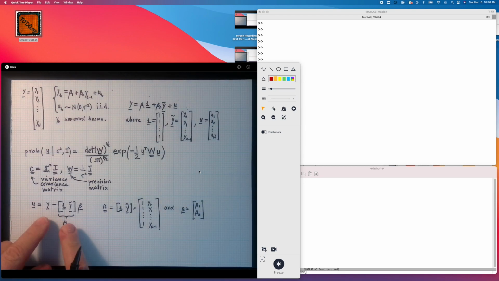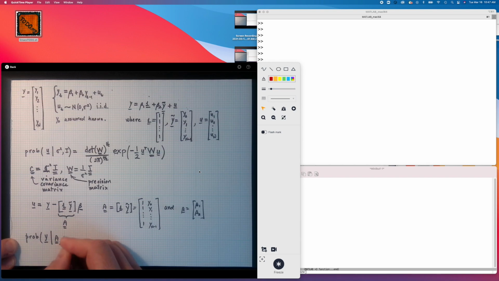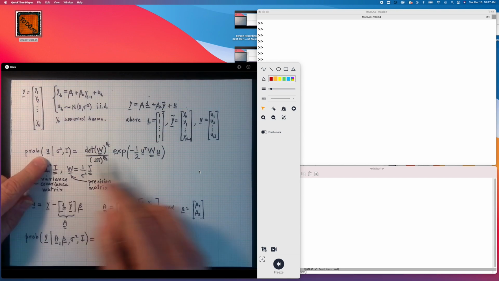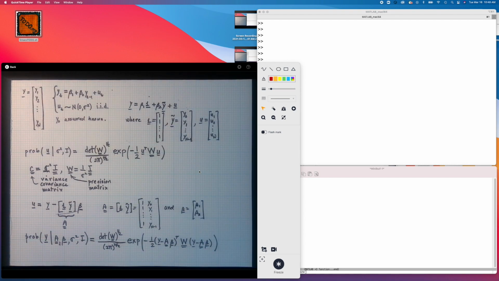Now I'm going to substitute this for u, and since this is all deterministic, or rather we're going to condition the probability of y on these quantities, the probability of y conditioned on A and beta and sigma squared is going to be the same thing as the probability of u, where for u we substitute in this quantity. And this is the likelihood function. It gives us the probability of the data, the y's, conditioned on the parameters.